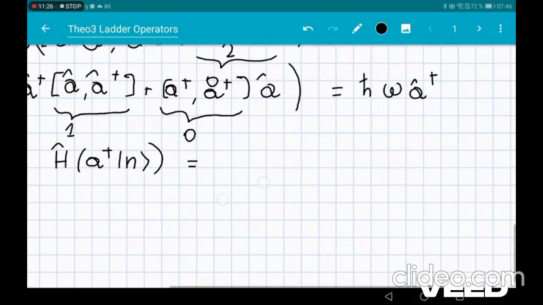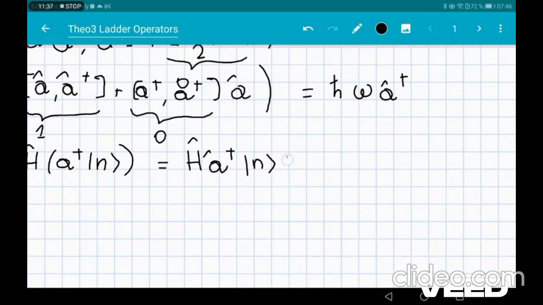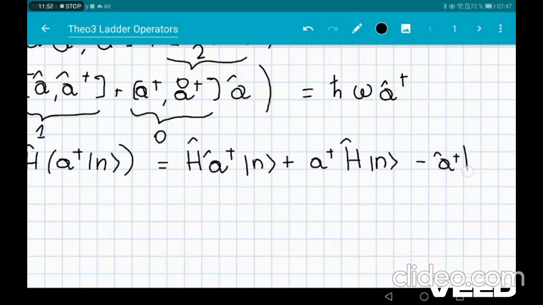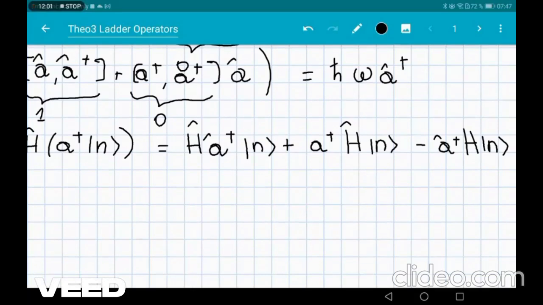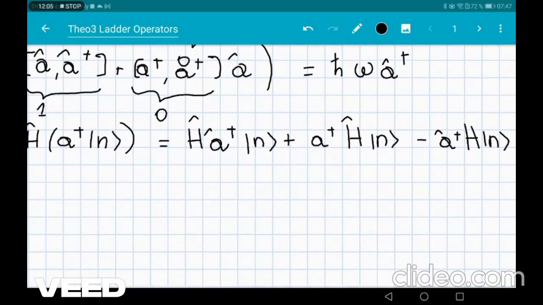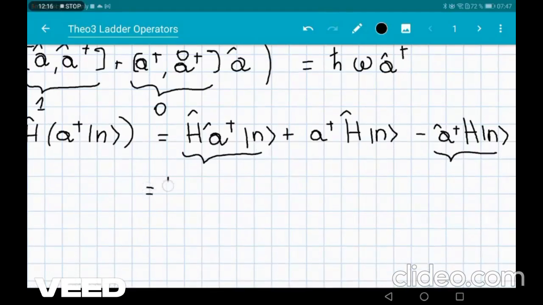So if I rewrite this, I have H acting on a dagger n, and I can use a little trick that's going to allow me to simplify this problem: a dagger H minus a dagger H. I just added and subtracted the same expression, so I basically changed nothing, but that allows me to simplify the problem with the commutator, which is the commutator of H with a dagger.